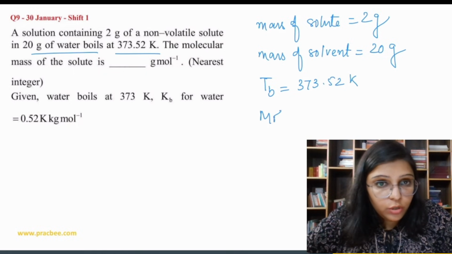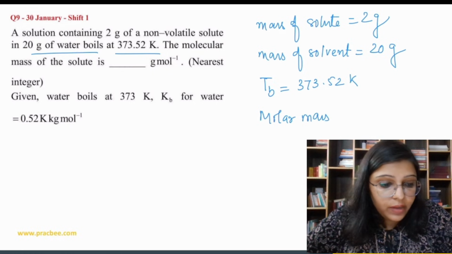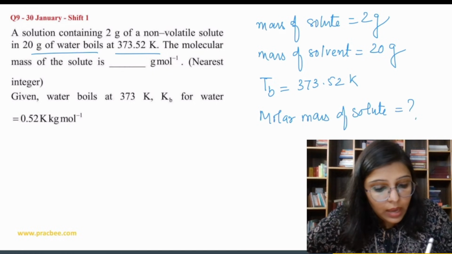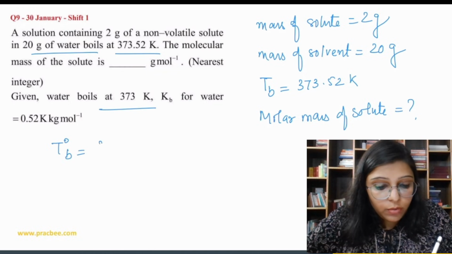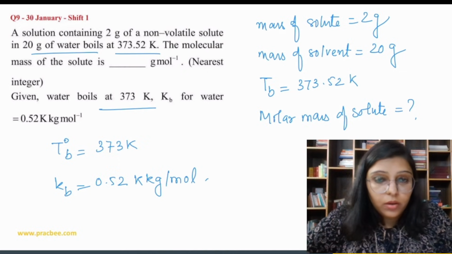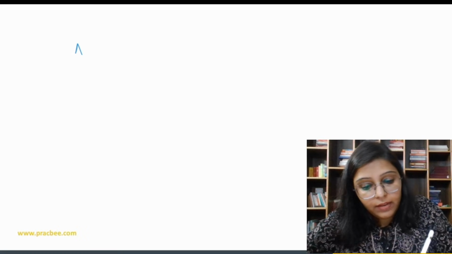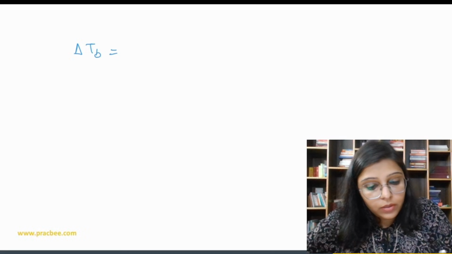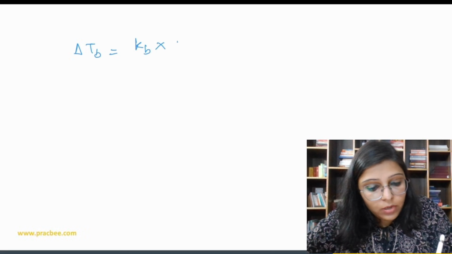The molecular mass of solute we have to identify. T naught B, the boiling point of pure solvent, is given as 373 Kelvin, and the Kb value is given as 0.52 Kelvin kilogram per mole. So how to solve this? We have delta TB is equal to Kb into molality.